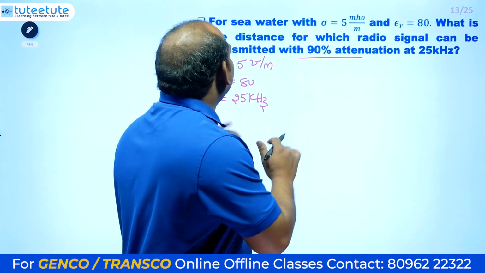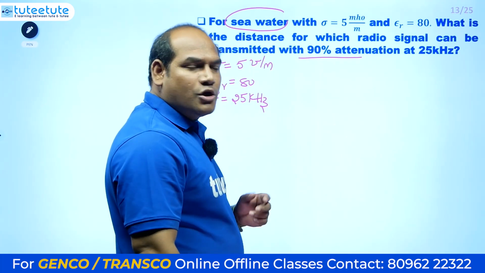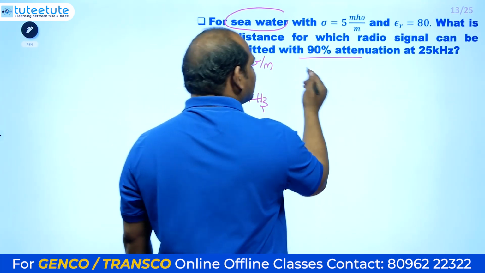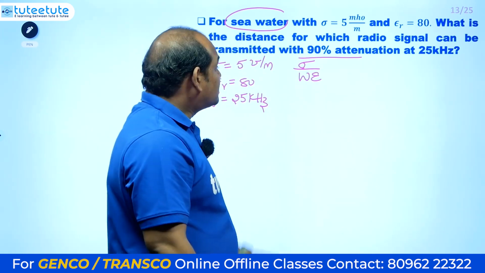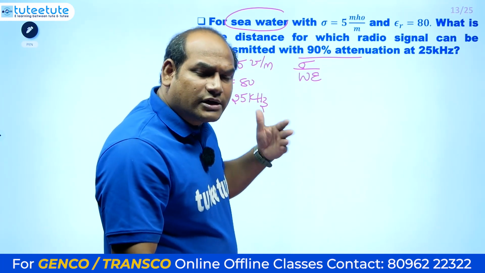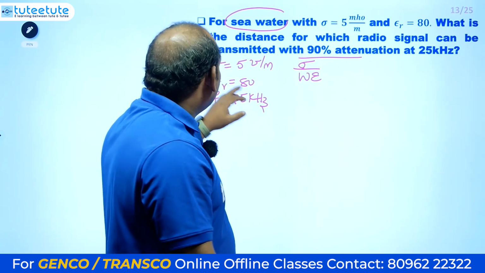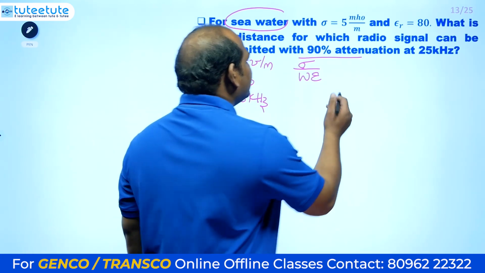First of all, we need to understand what type of material this seawater is. In our concepts we can classify the materials using the factor sigma by omega epsilon. So it is required to calculate sigma by omega epsilon for this seawater at the given frequency.